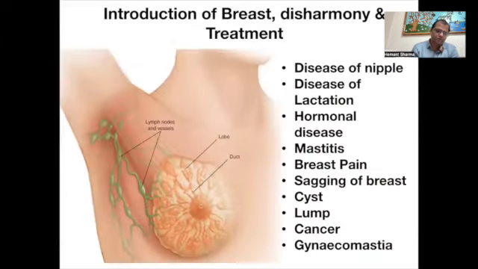So now we can see we have to discuss many things like diseases of the nipple, lactation, hormonal disease, mastitis, breast pain, sagging of the breast, cyst, lump, cancer, and gynecomastia.